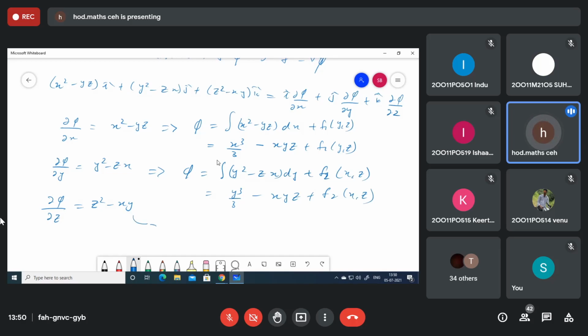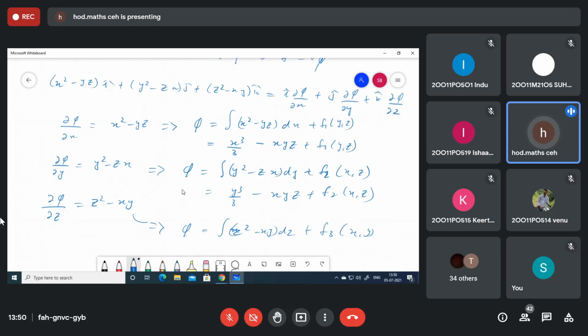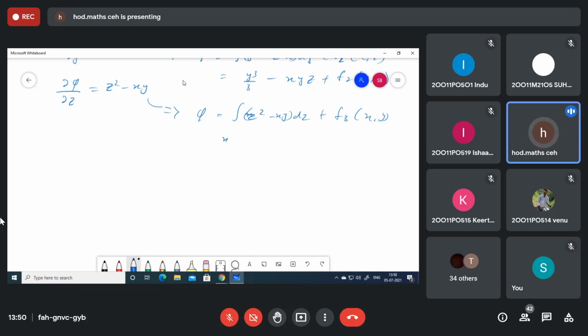Similarly, from the third one, if you solve this, you will get phi is equal to integral z square minus xy dz plus some function in terms of x, y. So if you solve it, you will get z cubed by 3 minus xyz plus some function.